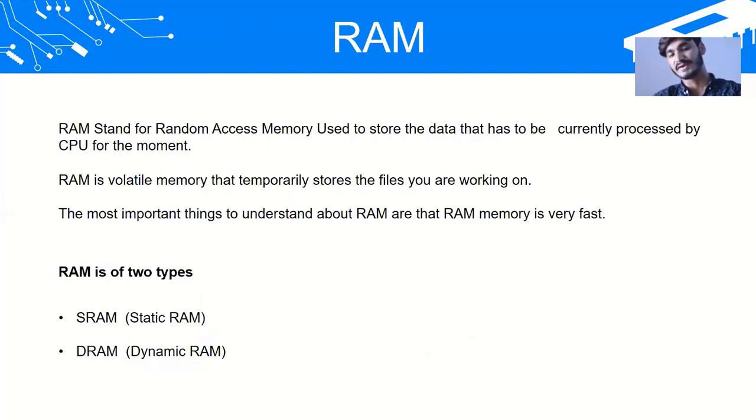RAM is volatile memory that temporarily stores the files you are working on. The most important thing to understand about RAM is that RAM memory is very fast. There are two types of RAM: SRAM, static RAM, and DRAM, dynamic RAM.